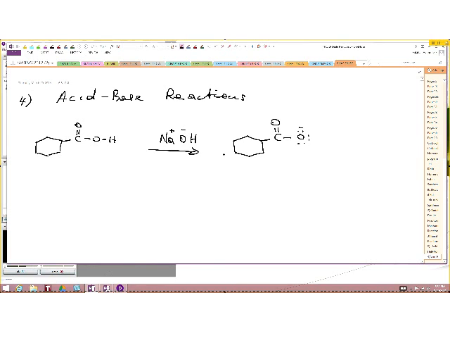Hydroxide will pull off this proton here to form water. It's an acid-base reaction, and of course the sodium is just there somewhere to balance the carboxylate. So in this case we form sodium carboxylate.